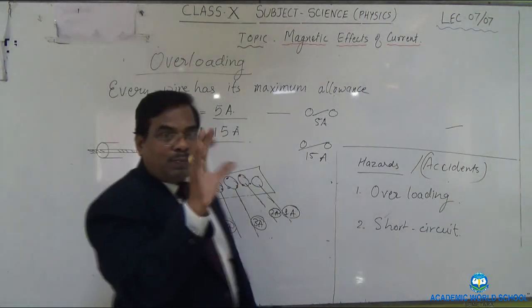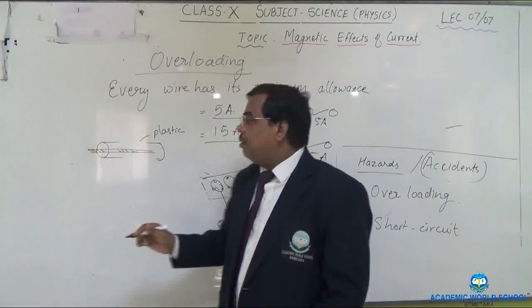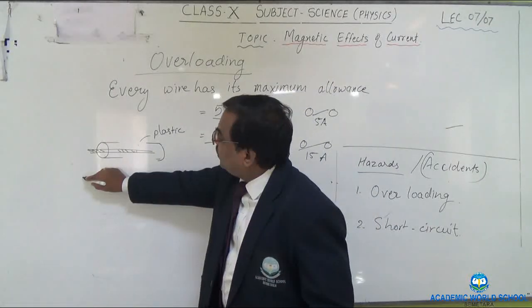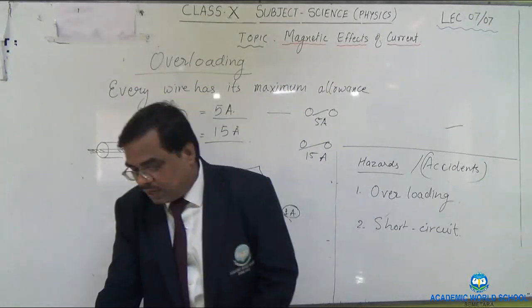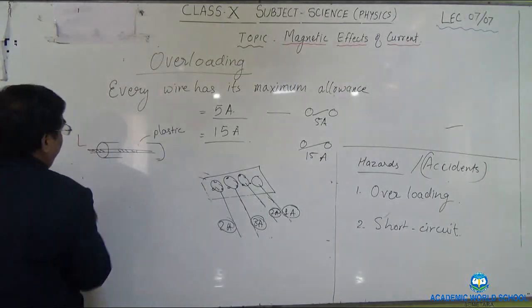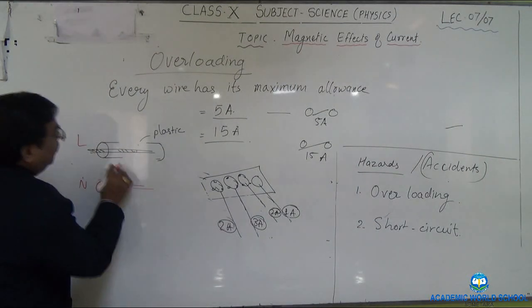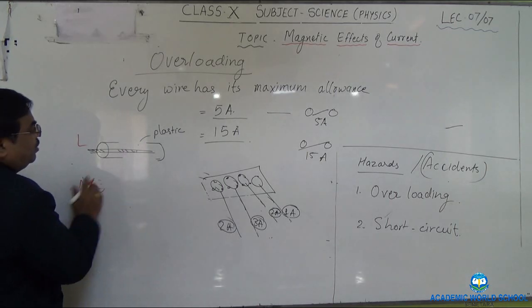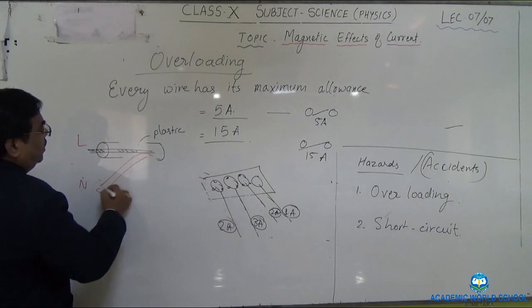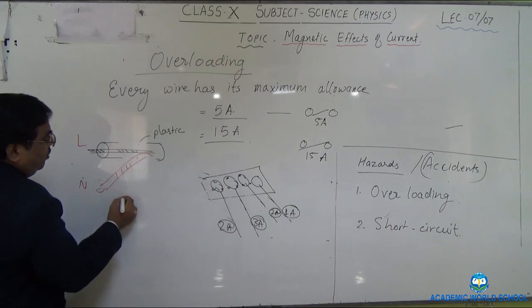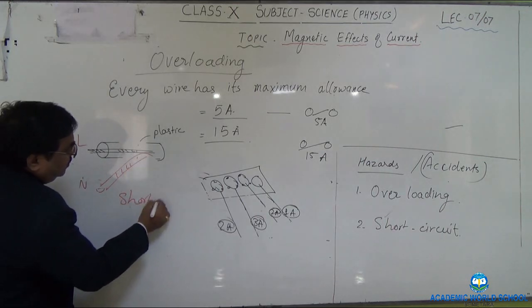The covering of that wire will melt, and there will be two wires, one live and one neutral. Both of them will now come in contact and there will be a short circuit.